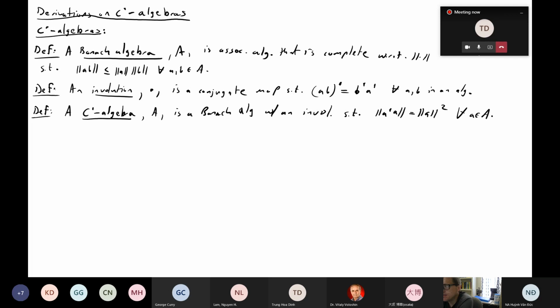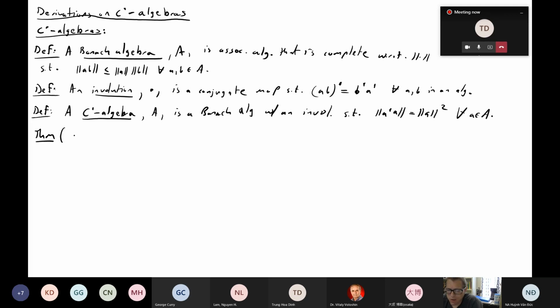Typically, the very first, really more non-trivial example you see of a C-star algebra is the bounded operators on some Hilbert space. This is one of the canonical examples, and that's a non-commutative aspect.